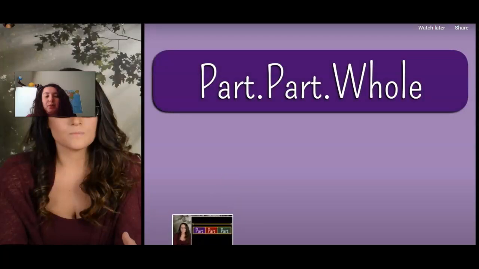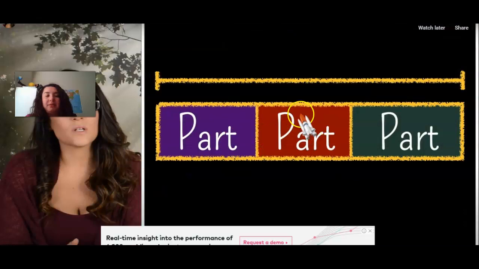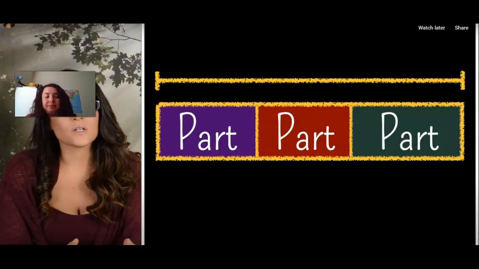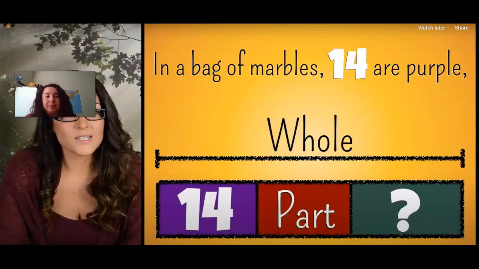If it's part, whole, we're going to have to draw a model like this where it shows part, and then the total together gives us the answer. Okay, so if a bag of marbles has 14 purple, and then we're figuring out all the other parts.